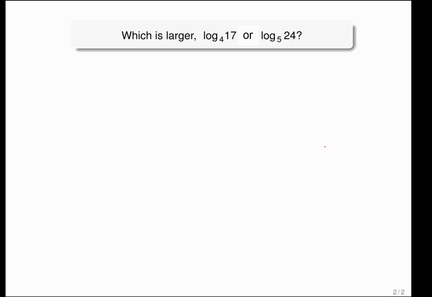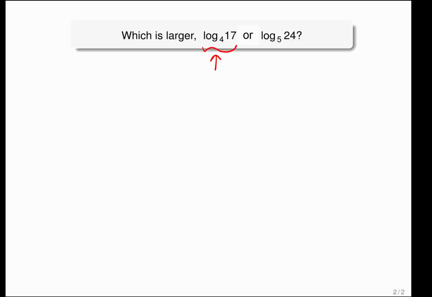These two logs are ultimately just numbers. So if we could work out exactly what these numbers were, we would be able to compare them easily and see which one was larger. So for log of 17 to the base 4, we're trying to find the power to which 4 must be raised to get 17.